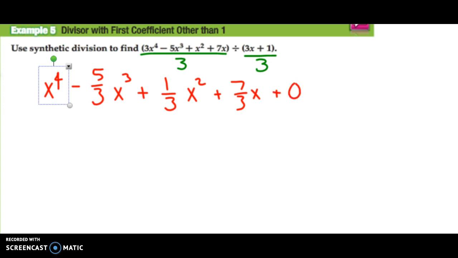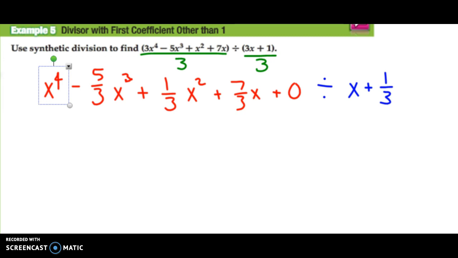No matter what I do, I have to make sure that I go in descending order and that the powers start at 4 and go down to 3, 2, 1, and then finally the power of 0 is my constant term. And then over here it's going to be divided by 3x divided by 3 is just x plus, and then 1 divided by 3 is 1/3. So I'm going to get a little sticky with some fractions, but it's okay because it's actually going to give us the correct answer in the end.